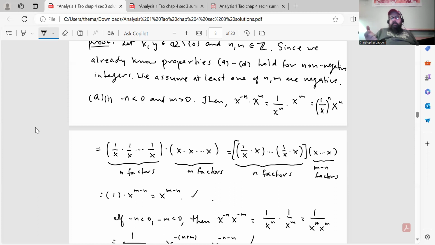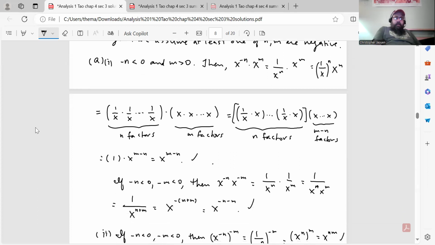That was by the field axioms, though he didn't call them axioms. It was a proposition for the rationals, I think it was part 10 of that theorem. But anyway, all of those are equal to 1, and then we're left over with m minus n factors of x.